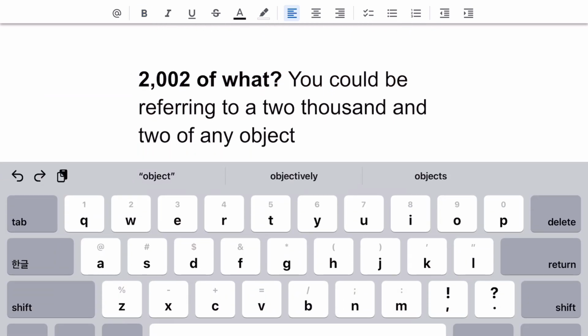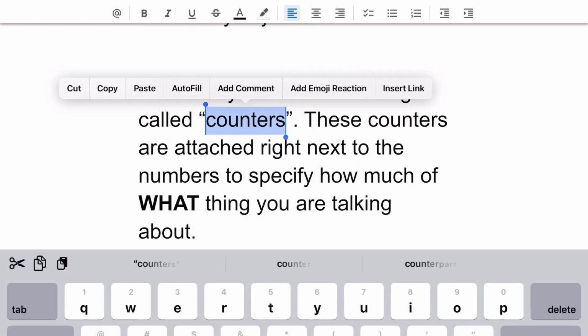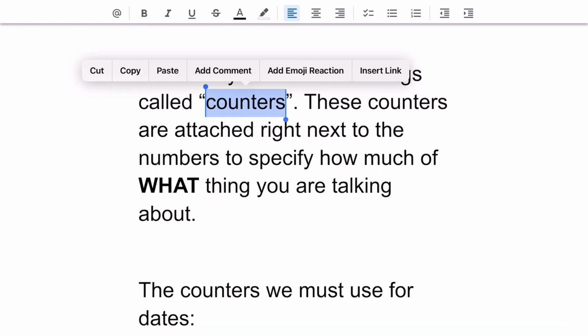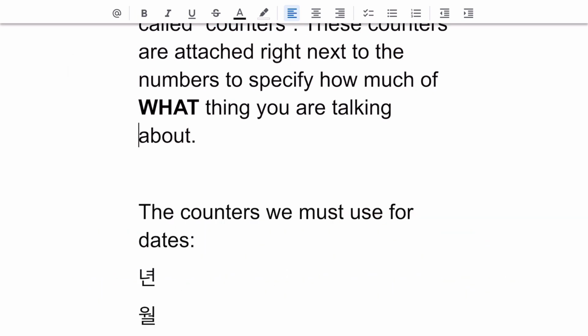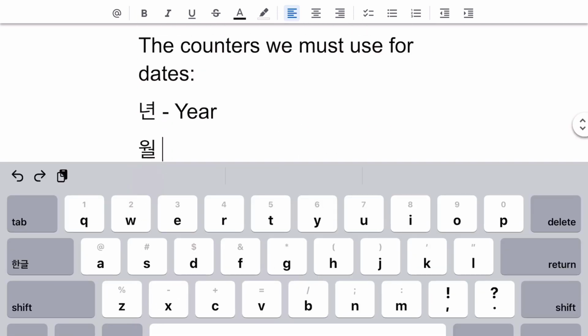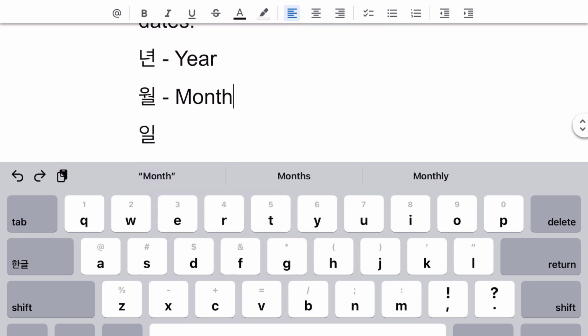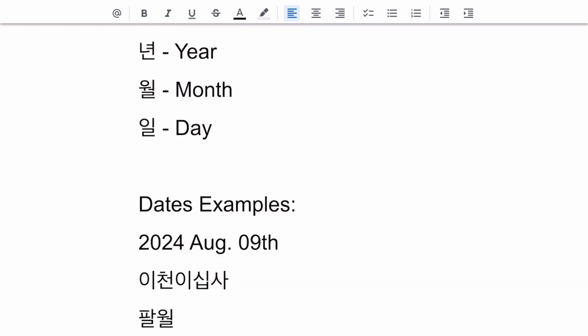So you have to be specific. To do that, we use these things called counters. Just like particles, they're attached right next to the numbers. It lets us specify how much of what we're talking about. Today, the counters we're going to use are 년, this means year, 월, which we just saw, and then for the day, 일. We always have to put these after the numbers.